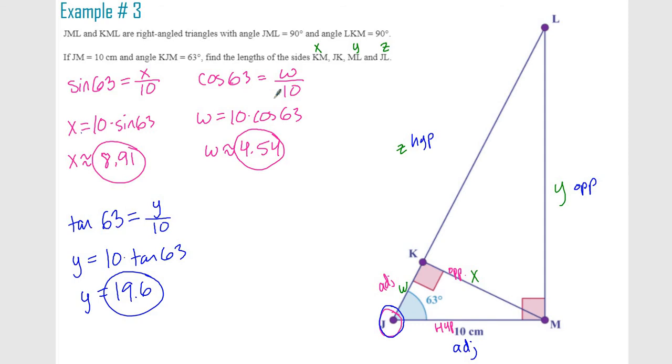Now, notice in all my values, I didn't use anything that was rounded, 63 or 10, okay? I just used different trig functions to get my values. Well, if I want to figure out what z is, not the entire length, just KL.